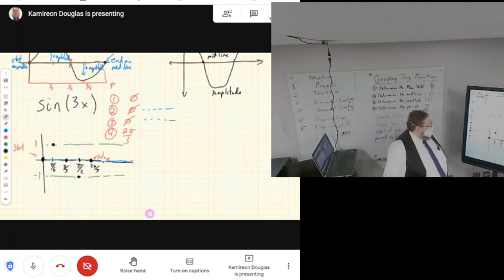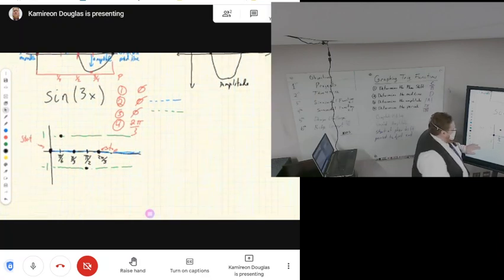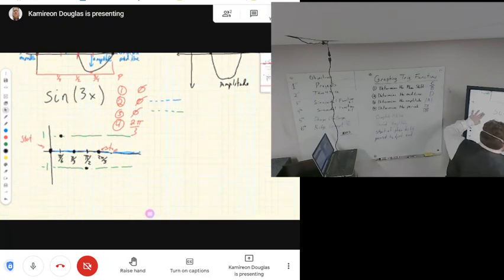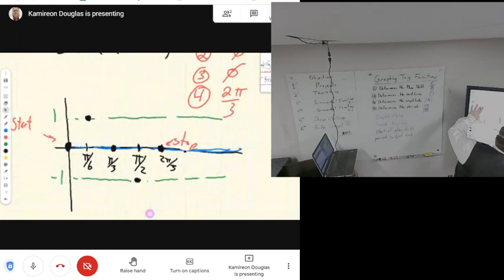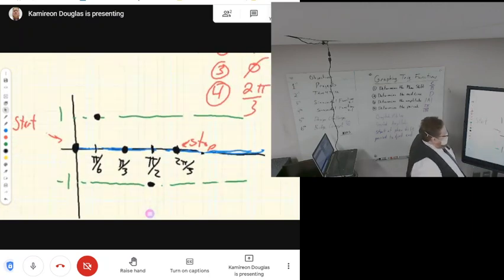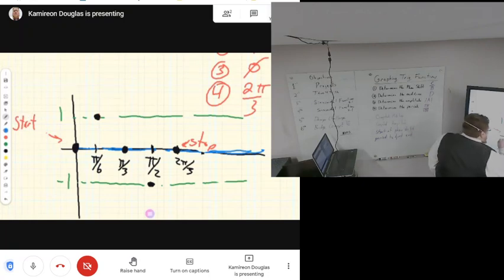So now, let's look at where each of these dots is. I'm going to zoom in a little bit. First dot is at 0, 0. Second dot is at pi over 6, 1.